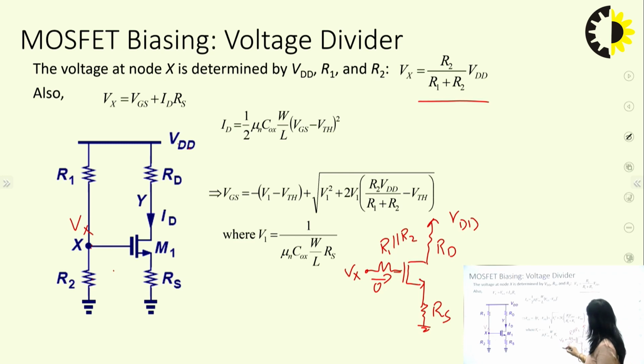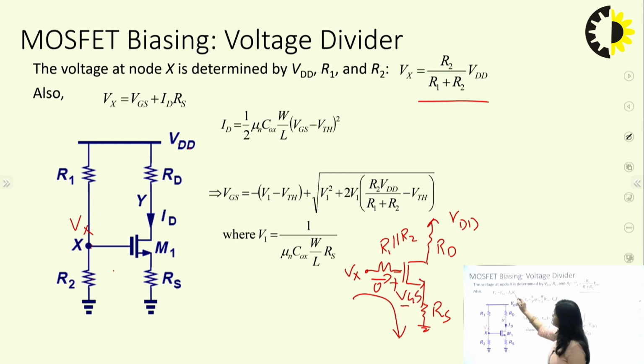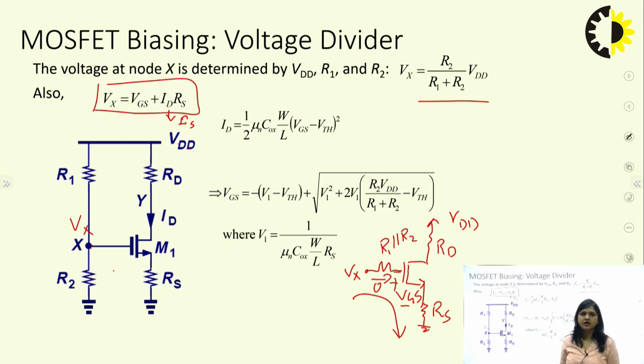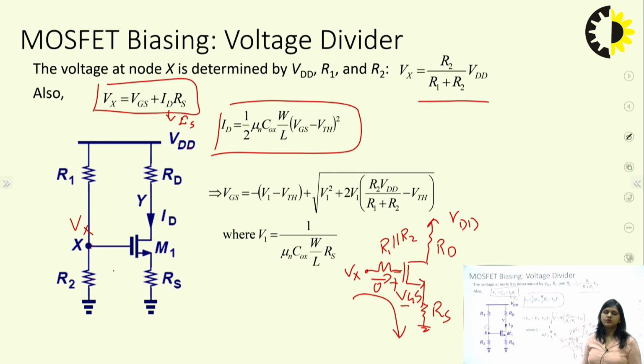So if I apply KVL over there, then Vx equals VGS plus IS into RS. We know that IS equals ID, so I can write this equation for Vx: Vx equals VGS plus ID into RS. For the saturation region, I have already told you the equation for drain current: ID equals half of mu n Cox W by L (VGS minus Vth) square, where Vth is the threshold voltage.